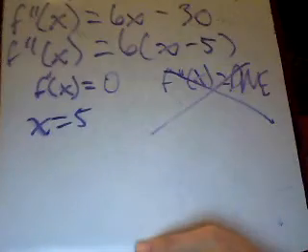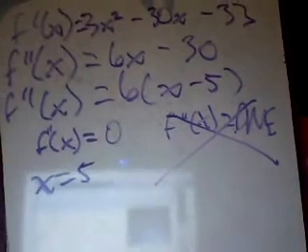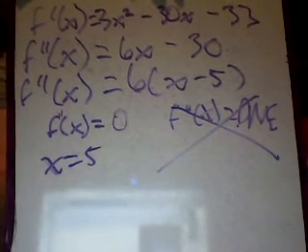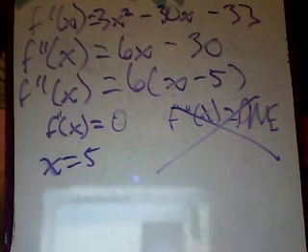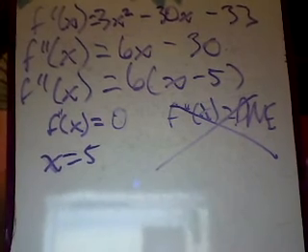And it exists everywhere because, again, it's a polynomial. Take the derivative there, get 6x minus 30, and then you factor out the 6. If you plug in 5 to that second derivative, it'll be 0, and it exists everywhere because it's a polynomial.